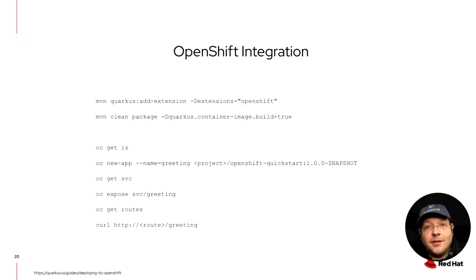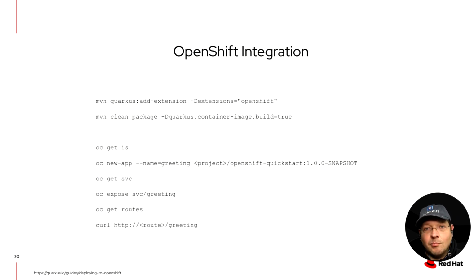Also, the OpenShift integration. And I'm mentioning OpenShift in the slides, but it's obviously a Kubernetes integration. So whatever I'm showing here works without the little addition of a feature called source to image, where OpenShift basically builds your container images for you and you don't have to do that locally.